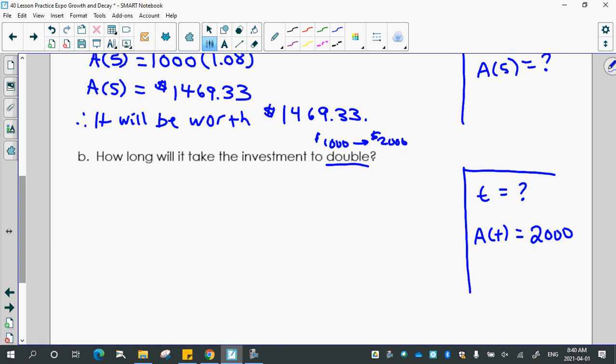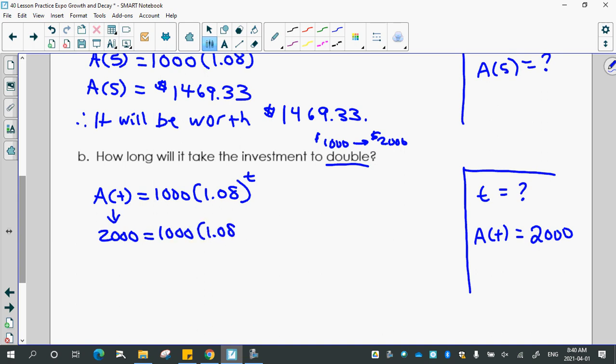So again, we're going to copy down the formula. So this time we're replacing A at t with 2,000. And we're trying to get t by itself.